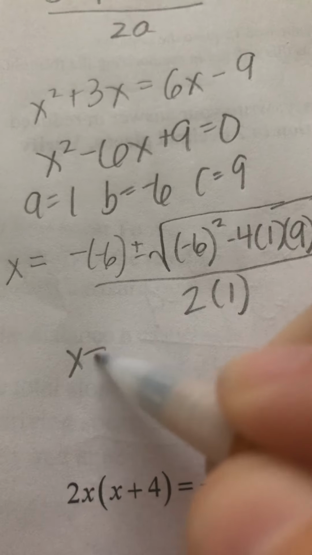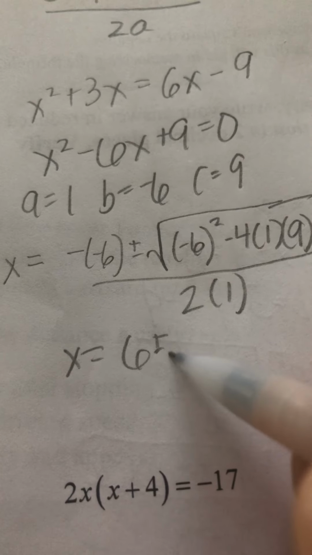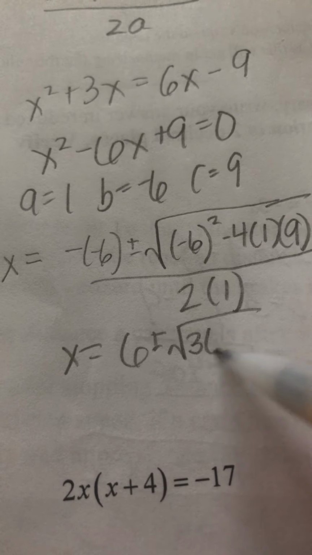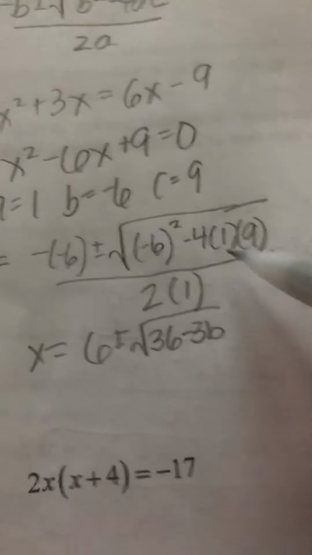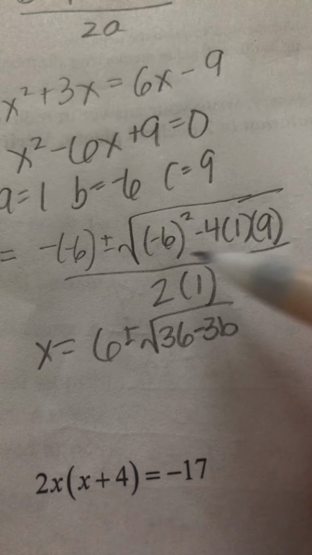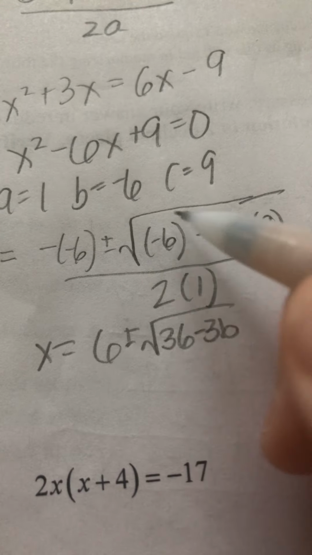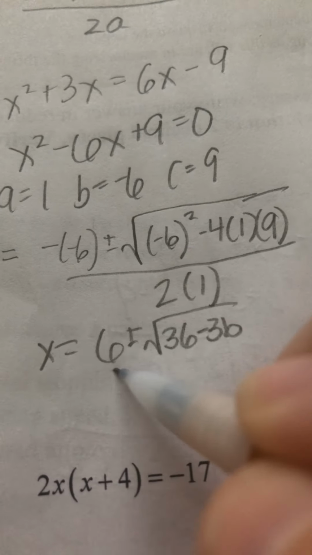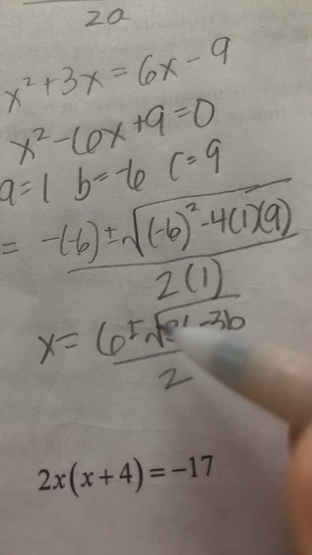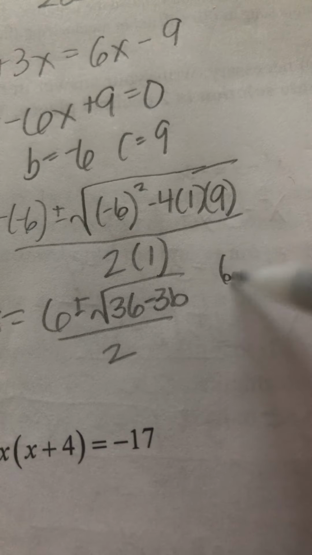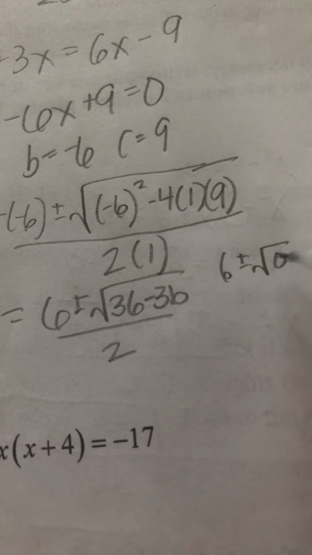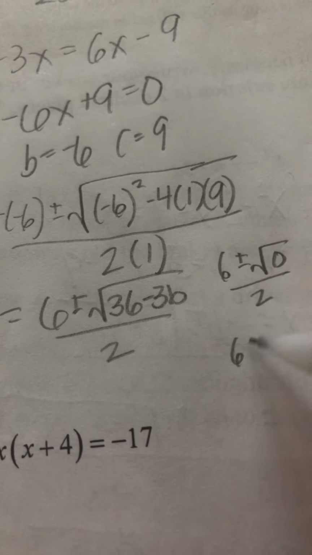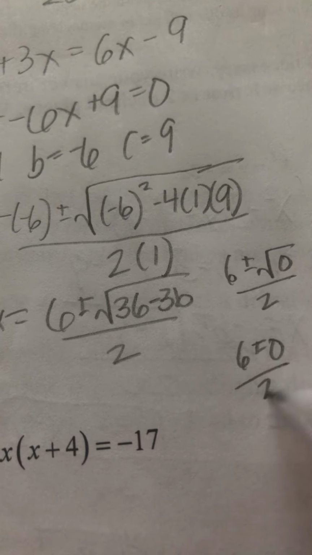So it's 6 plus or minus, this is 36 minus 36. That gives you 0. If you're putting that in the calculator, you need the parentheses. So you get 6 plus or minus root 0, all over 2. So 6 plus or minus 0 over 2.